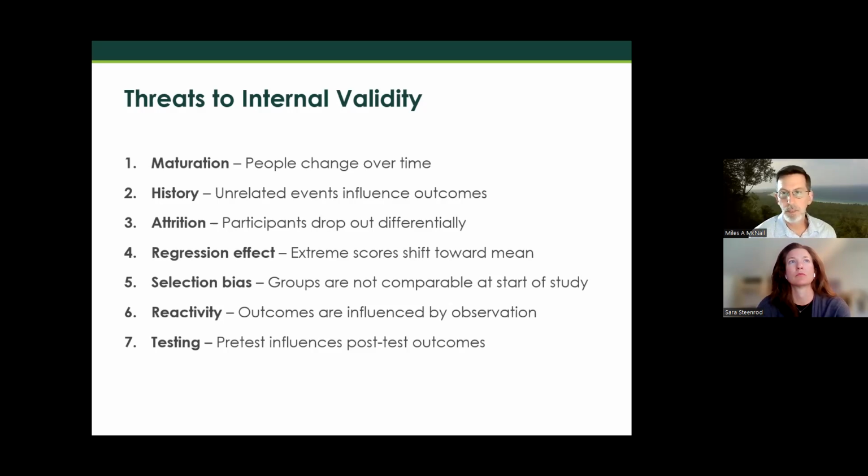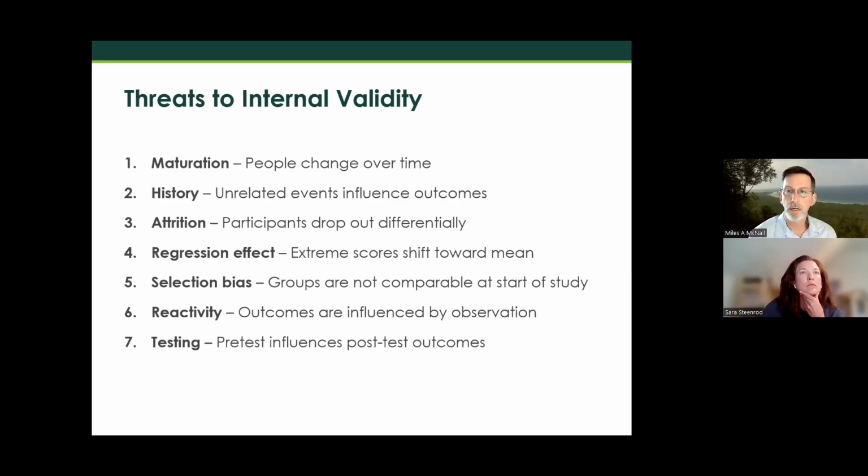We also have to be concerned about the regression effect. If you have a pretest and some people have extreme scores on the pretest, there's a tendency for those scores to shift towards the mean, so that the change you observe is not a real change, but merely the regression to the mean effect. Selection bias is one of the most serious. We all know about it, and that's what randomization is designed to prevent.